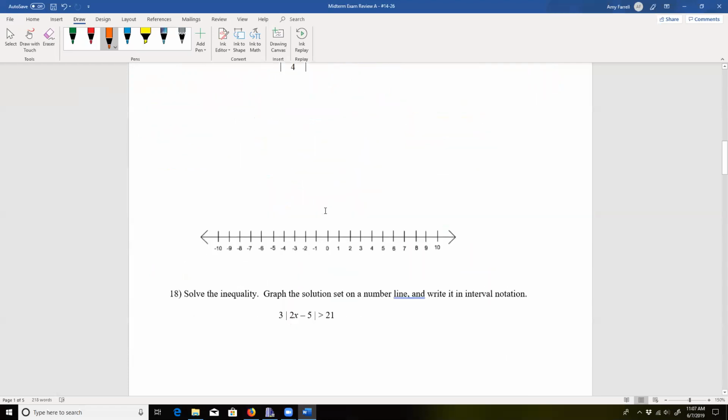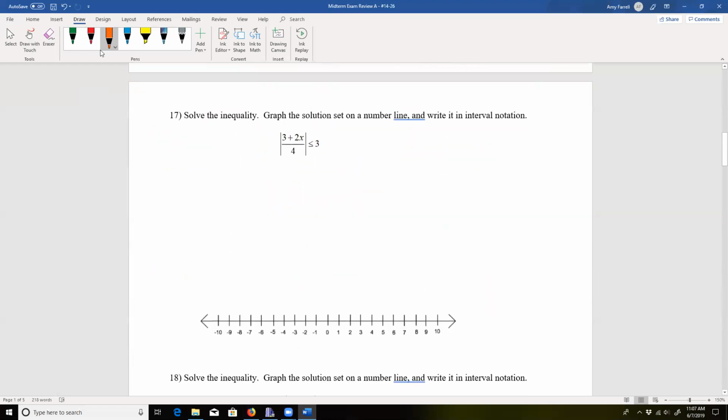Okay, 17. Speaking of three-part inequalities, when we see an absolute value inequality with a less than or equal to symbol, we can convert that into a three-part inequality.